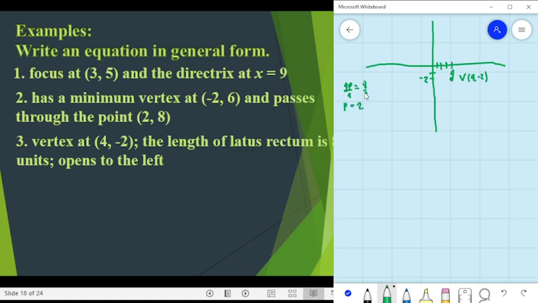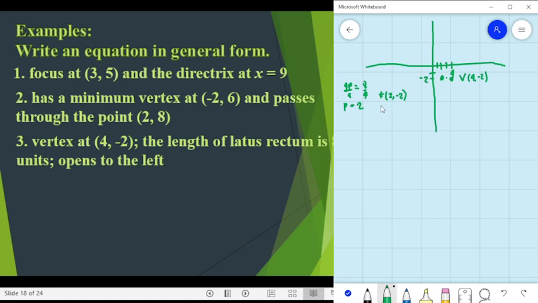Okay, your p is 2. So from the vertex, since it is opening left, your focus would be 2 units left. 1, 2. So this is your focus. So the focus now has coordinates at 2, negative 2.